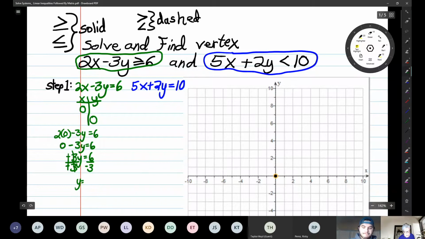You get Y equals -2. So I know that when X is 0, Y is -2. And that's the point, 0, -2, right here, because when the X part is 0, you're on the Y axis. So I'll put a dot right here. Then I'm going to say, okay, if Y is 0, what is X?